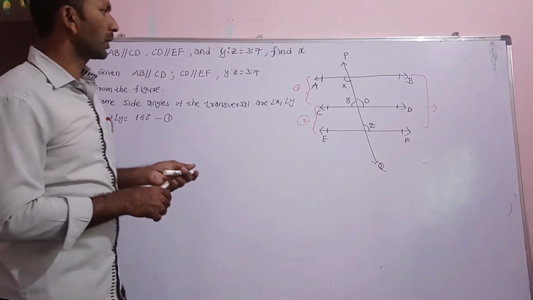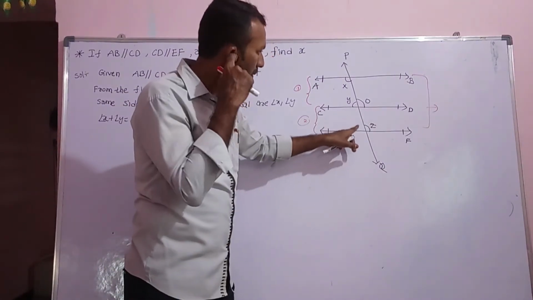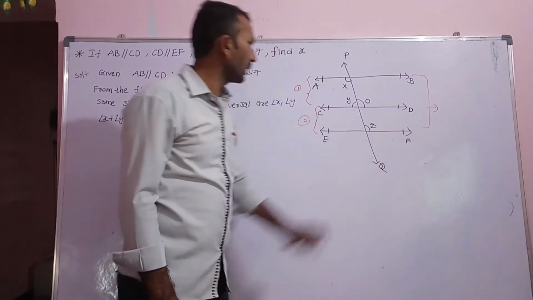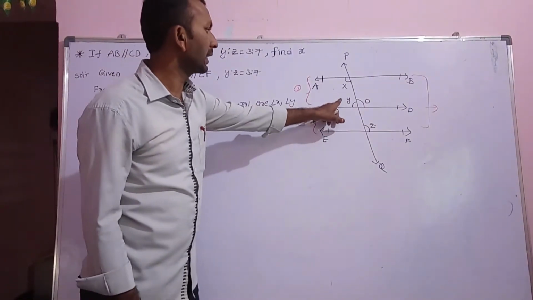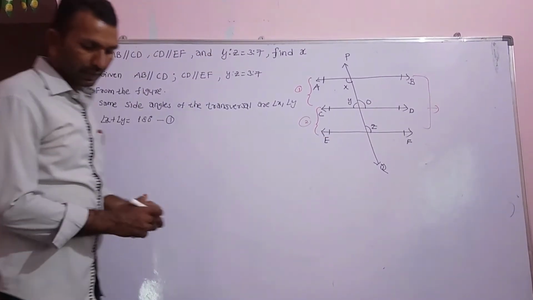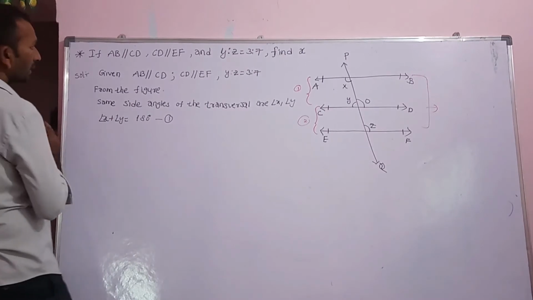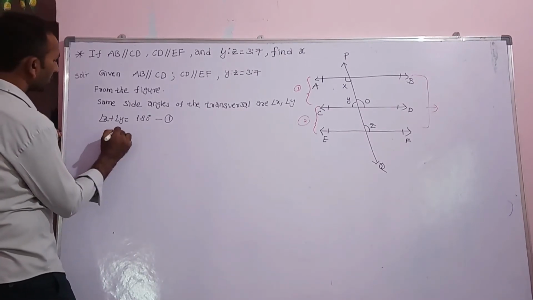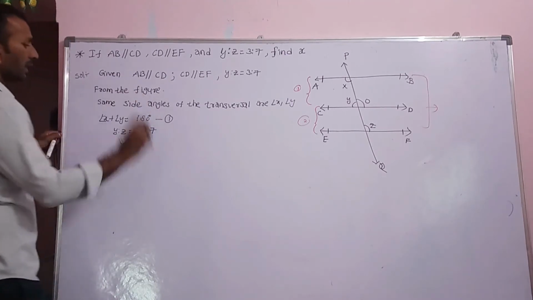Now come to the picture again. CD is parallel to EF, and we can say here angle Y and angle Z, whose ratio is given: Y is to Z equals 3 is to 7.